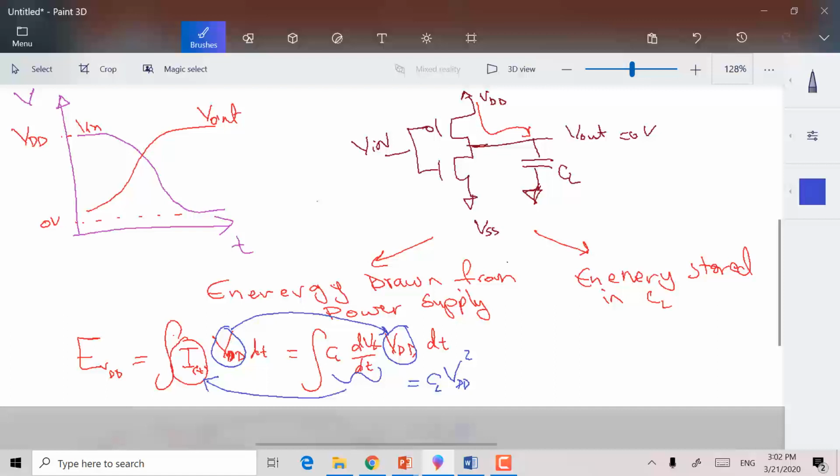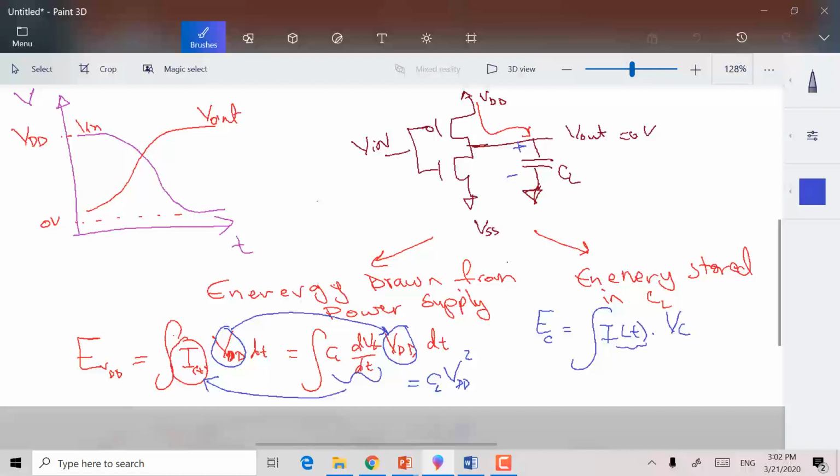Now, for the energy stored in the capacitor, it is a similar integration, but now the potential across the capacitor is not fixed. It is rather actually VC.